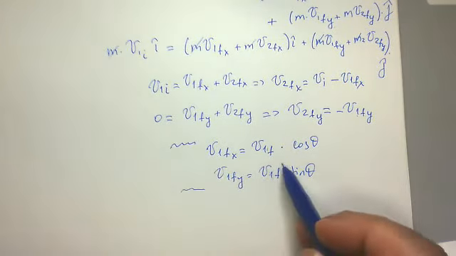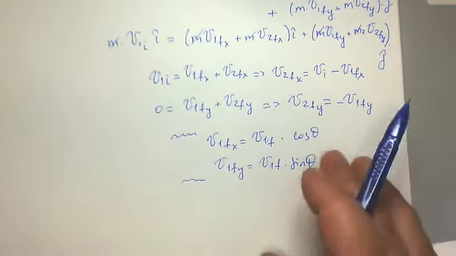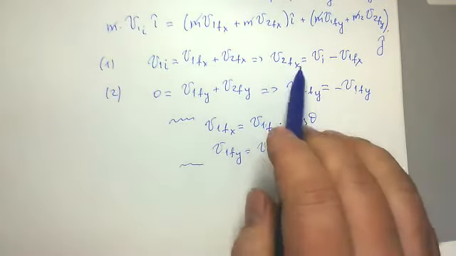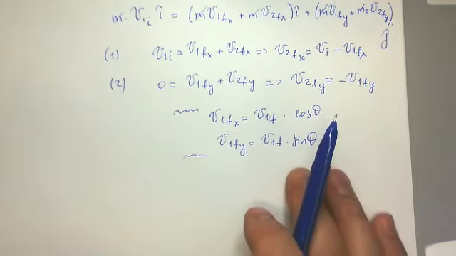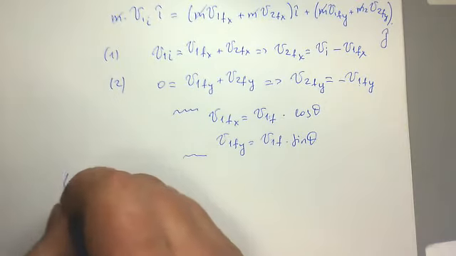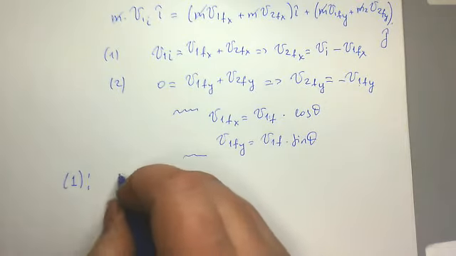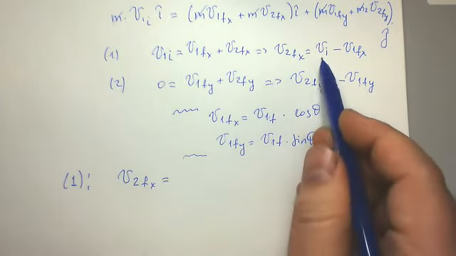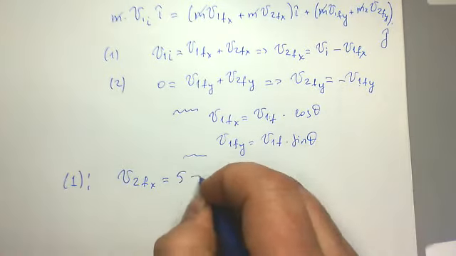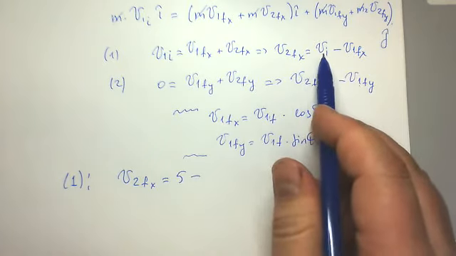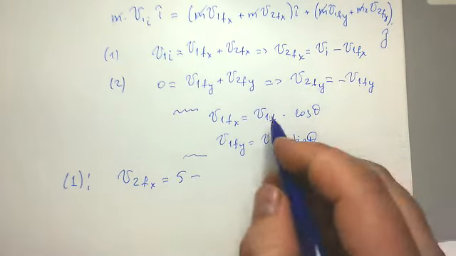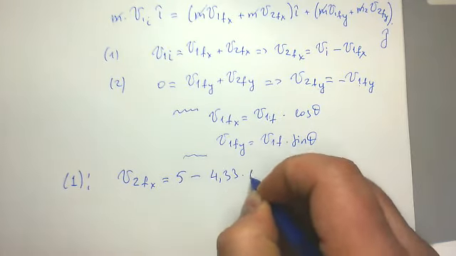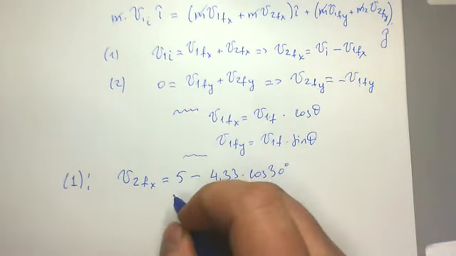So let's substitute these values into equation 1 and equation 2, and you will find the X component of the final speed of the second ball. So from 1, V2 final X equals 5. The speed was 5 at the beginning minus this X component of V1. So this is 4.23 absolute value times cosine 30 degrees.